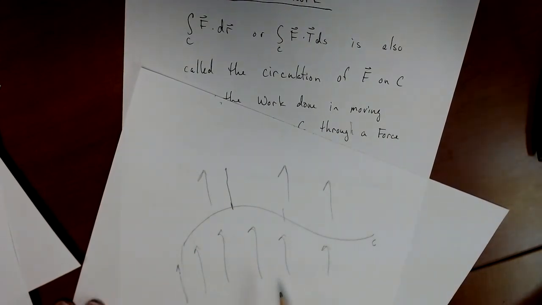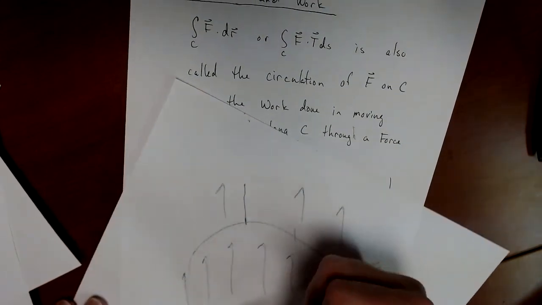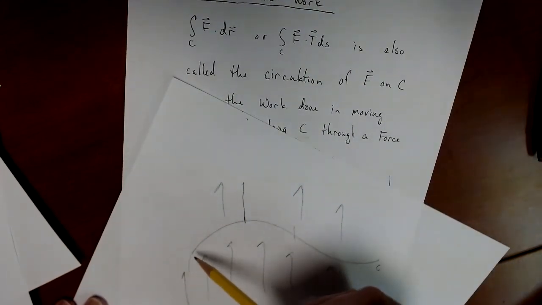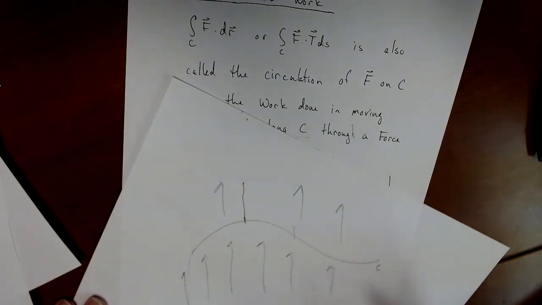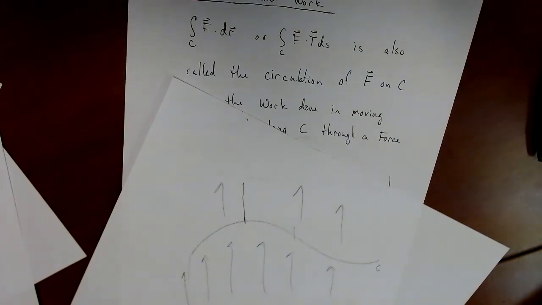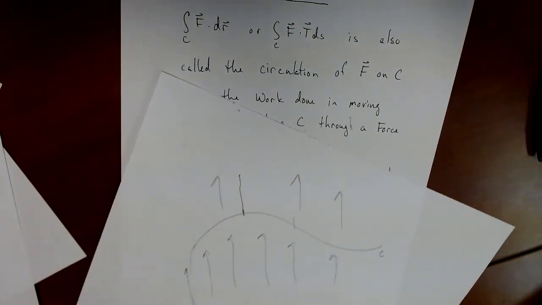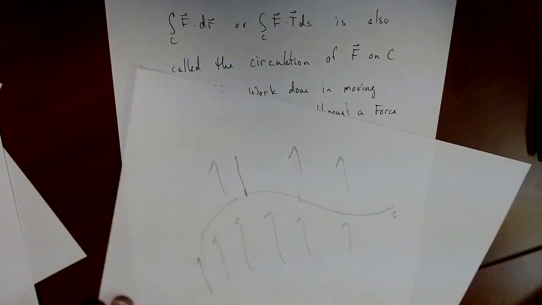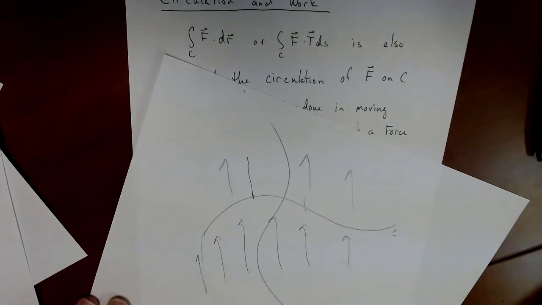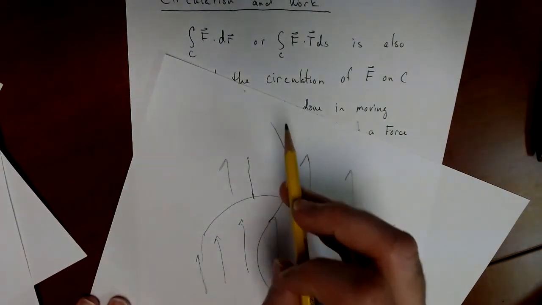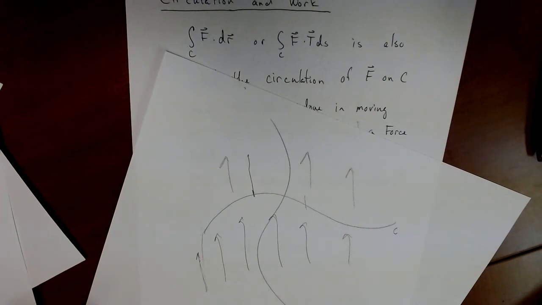A way you might consider this is if you had a stream and you were trying to pull a boat across the stream along a path, you might get some sort of a flux idea for a line integral, as opposed to if you were trying to float the boat more or less down the river, then the circulation would tell you about how the river was pushing the boat along, at least in that direction.